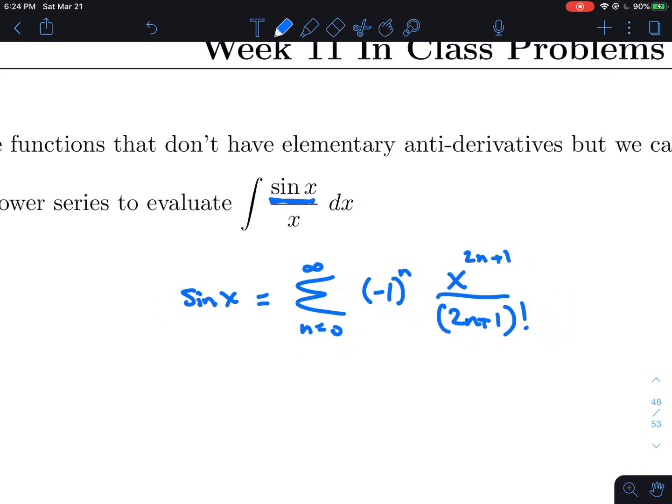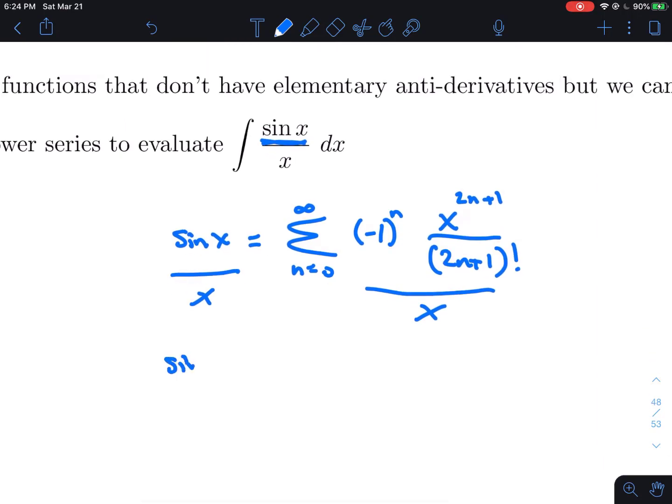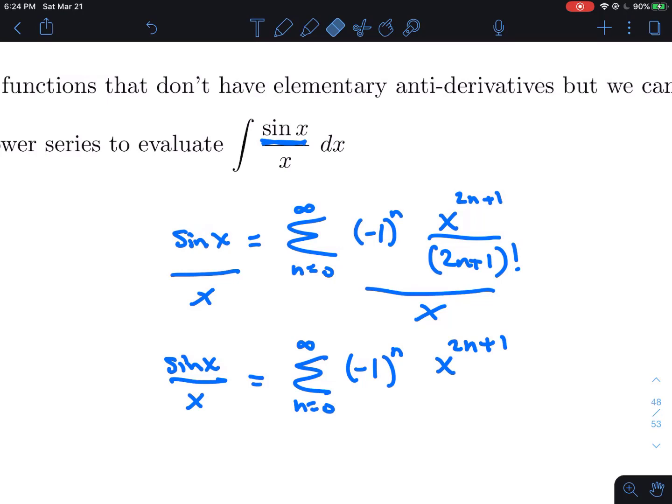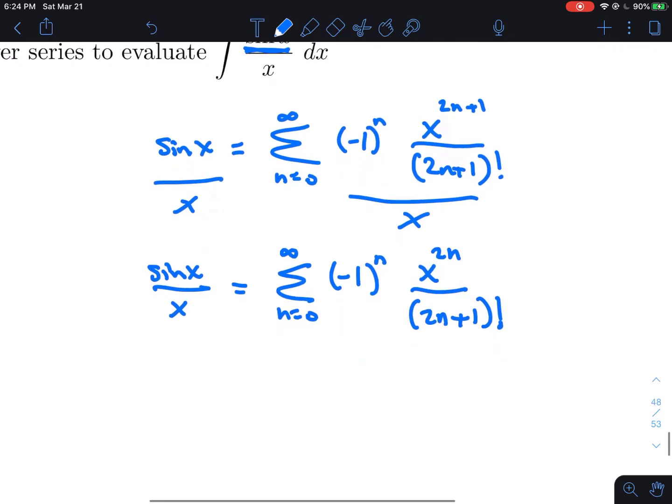All right, so if I wanted to divide by x on both sides, well then we'd get sine of x divided by x is equal to, summing up from n equals 0 to infinity, negative 1 to the n, and again we have x to the 2n plus 1 on top. We're dividing by x, so that's going to cancel out one of them. So we're still going to have x to the 2n on top here. And we're dividing by this nice constant here, (2n plus 1) factorial.